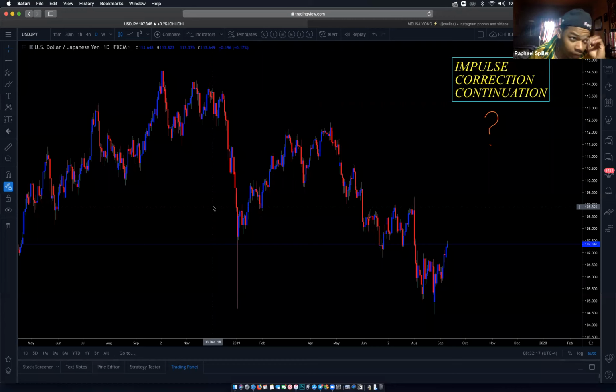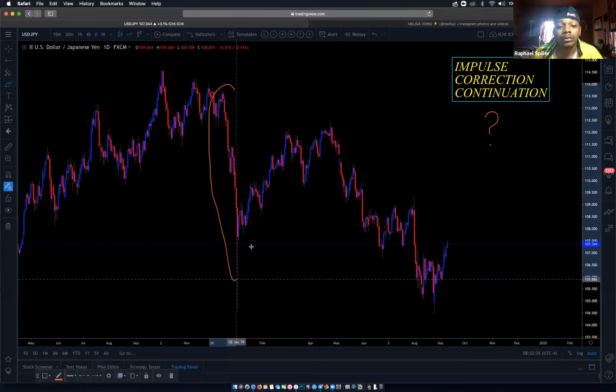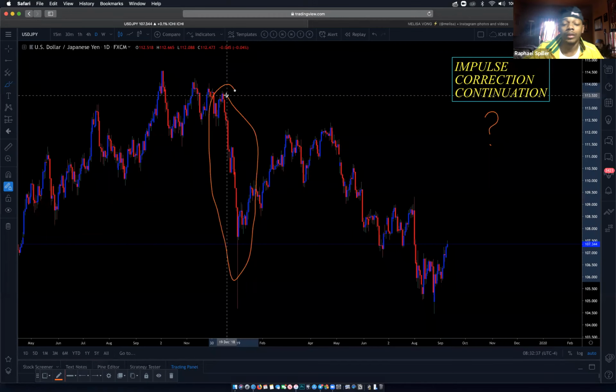Sudden reaction, strong up or down movement, initial move in the market, sudden change in price. Correct. Sudden move. That is an impulse.